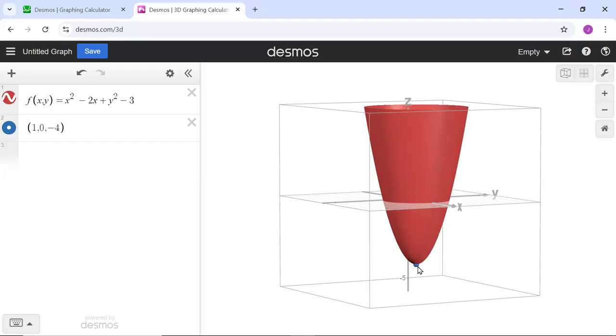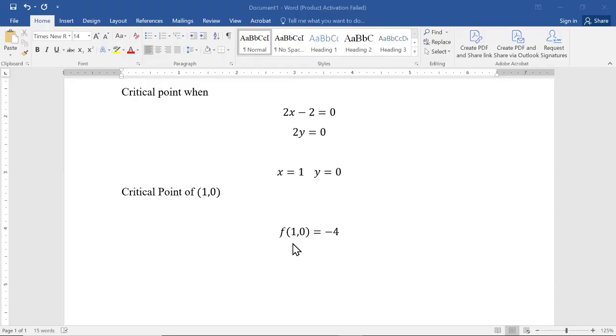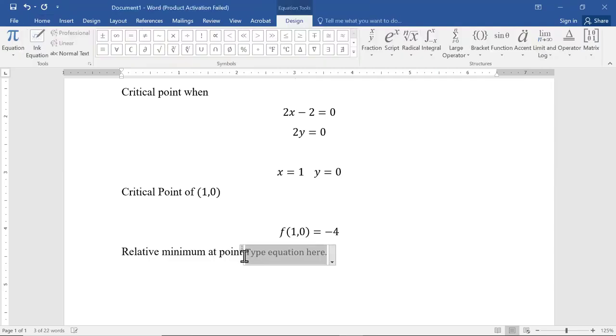Okay, but the question just asked whether it was a relative minimum or a relative maximum. So I'm just going to state it's a relative minimum at (1, 0).